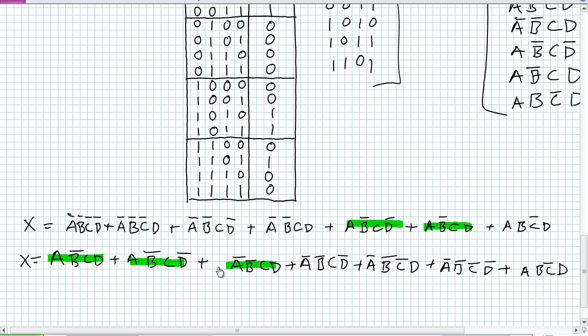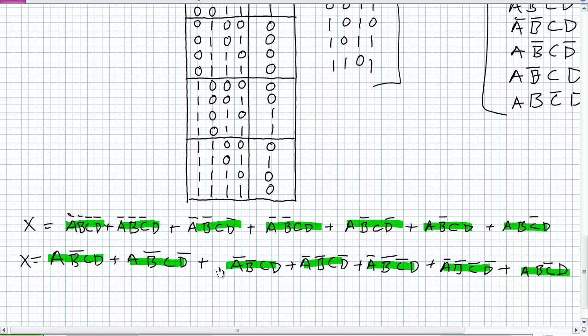This guy, not A, not B, C, D, right above it. 0, 0, and you can start thinking in these terms. 0, 0, 1, 0. It helps when you're trying to convert these things from binary equivalents, i.e. the truth table, to the actual expression. That's right there. This guy is right there. And finally, this all zeros term, and this guy hasn't moved at all. All terms are there, it's just that they're in a different order.